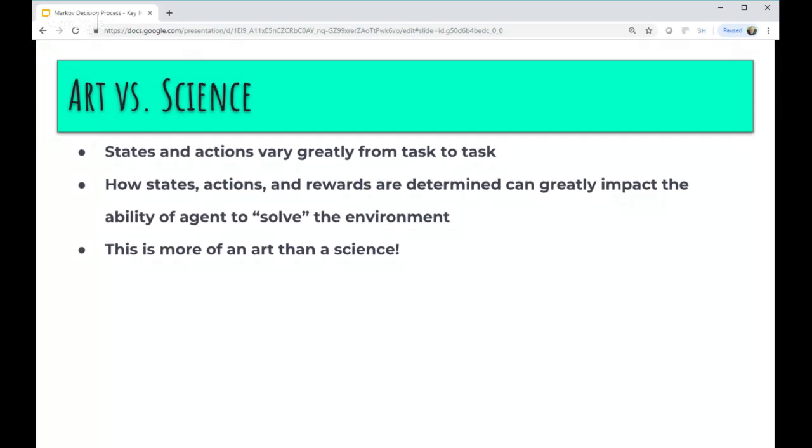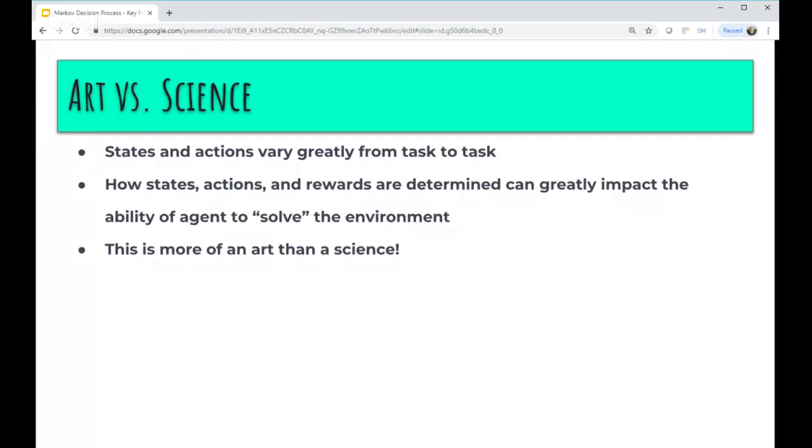They are all the things that you have to provide to the agent, and as an engineer, those are the things that you have to take great care in crafting and use a lot of ingenuity in designing in order for the agent to have any chance of solving the environment.